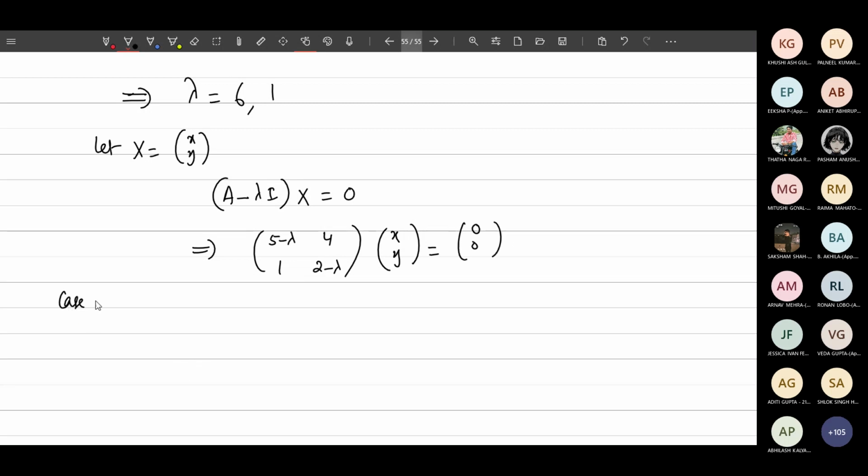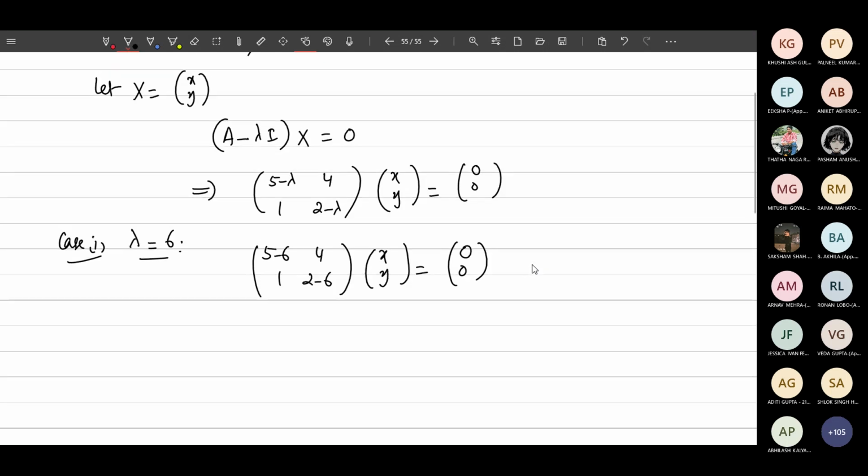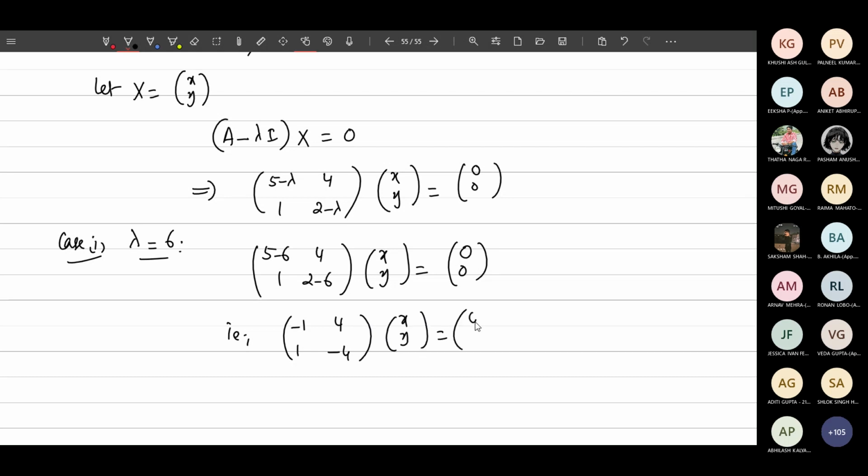Now case 1, because lambda has two choices, I will take 6. In that case, 5 minus 6, 4, 1, 2 minus 6, times x, y is a linear system. A homogeneous system always has a trivial solution, but we need to know whether any non-trivial solution exists. So this is nothing but minus 1, 4, 1, minus 4, times the column vector x, y, equal to 0, 0.